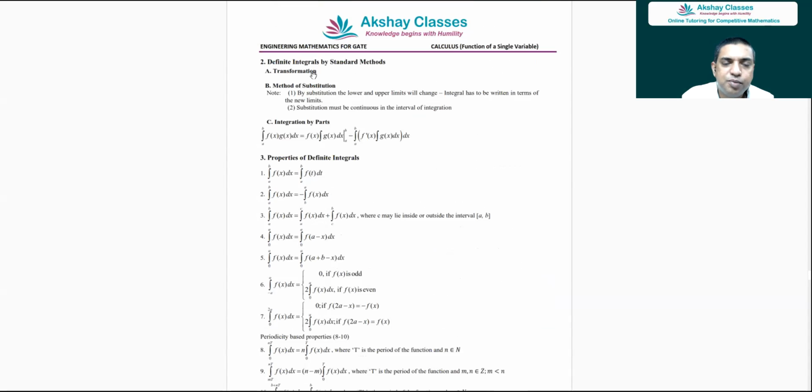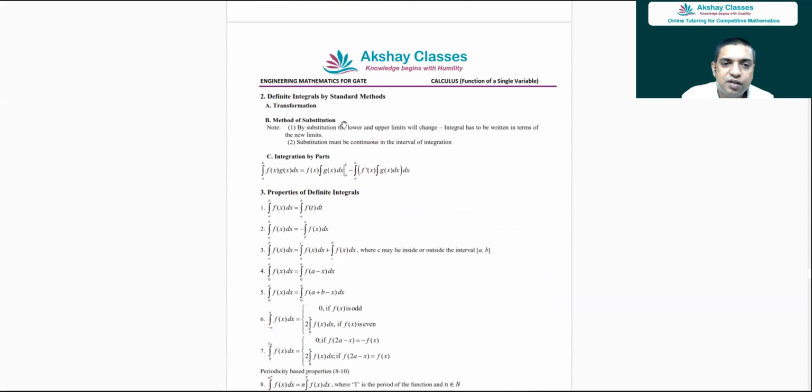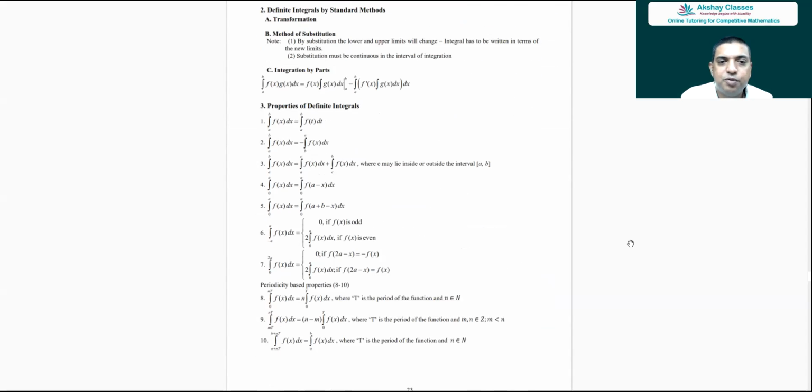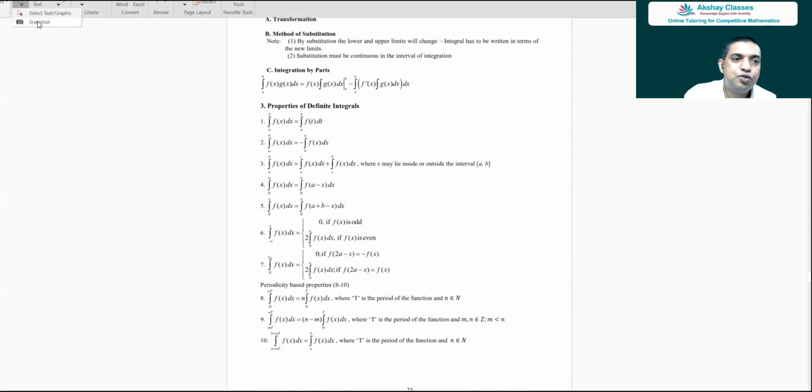So definite integrals by standard methods, transformation, methods of substitution, integration by parts, and now the properties. These are very useful and beautiful properties.